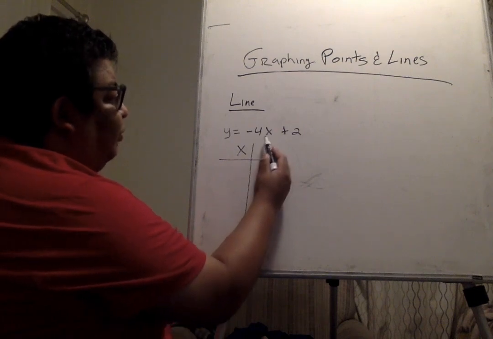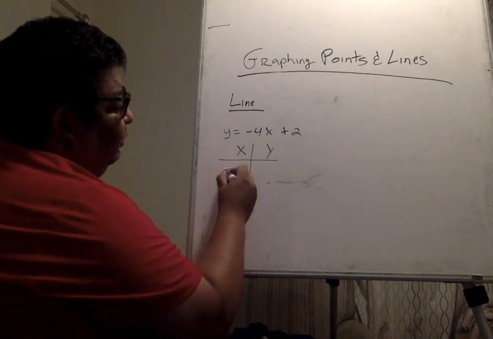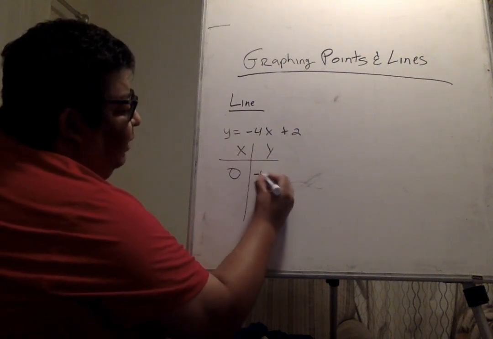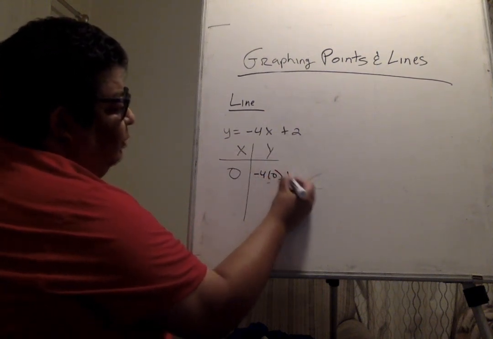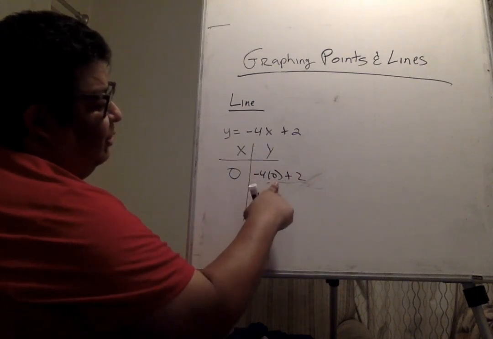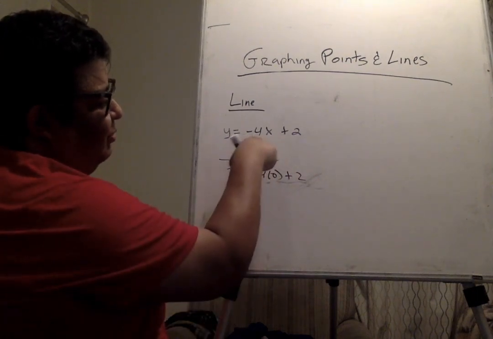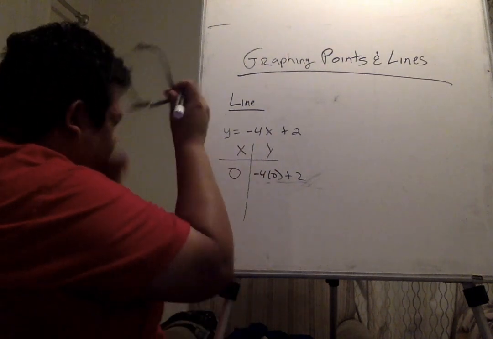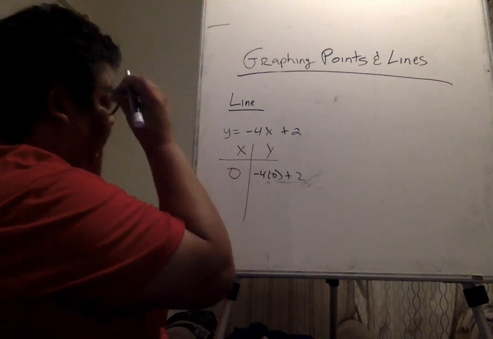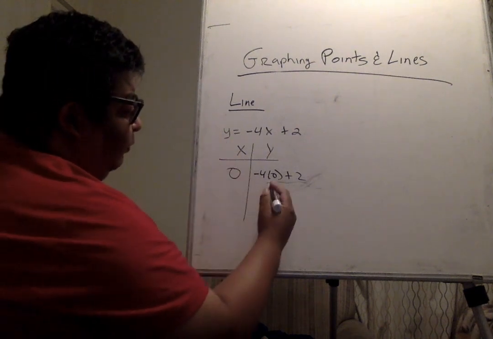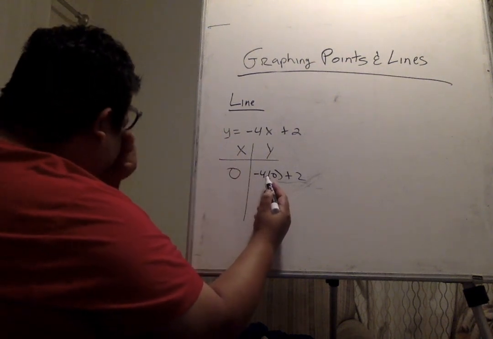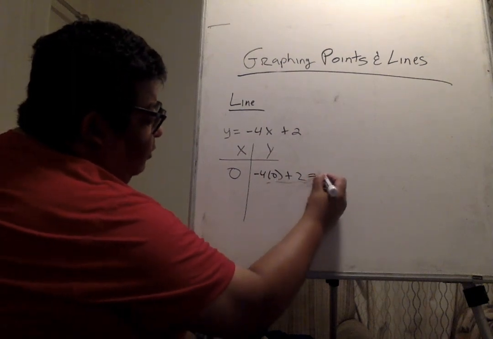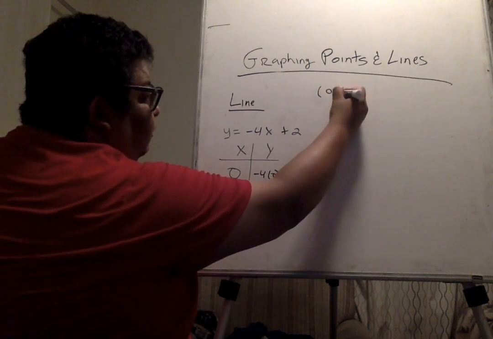So it's better if I work with 0, because if I plug in 0, I just eliminate this term. Because look, -4 times 0 plus 2. -4 times 0 is always 0. So when you plug in 0, basically you eliminate this. And that's what we want. We want to eliminate as much as possible. So -4 times 0 is 0. 0 plus 2 is 2. So that's our first point: 0, 2.